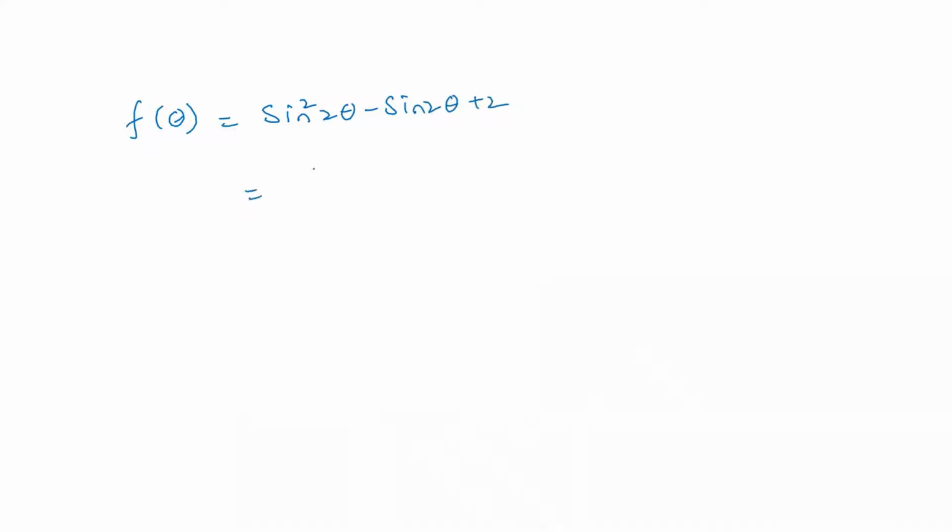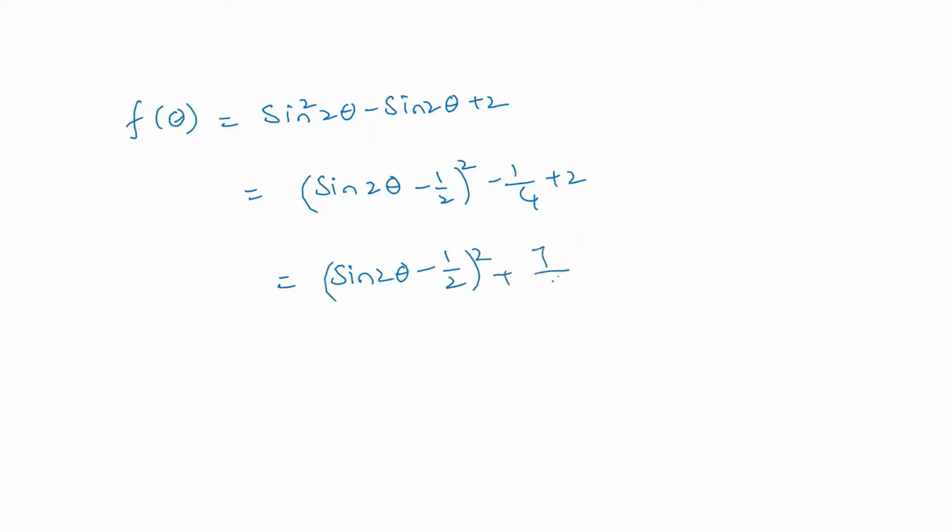When we convert this into a perfect square, this can be simply written as (sine 2 theta minus half) whole square plus 1 by 4. So we'll be writing minus 1 by 4 outside, plus 2. So this automatically gives you (sine 2 theta minus half) whole square plus 7 upon 4. That is the f of theta that we got here.